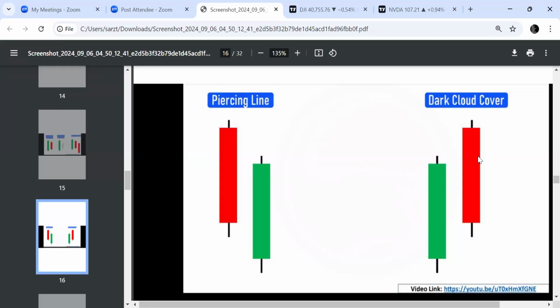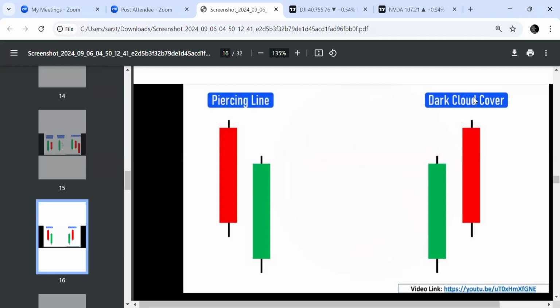Again, the piercing line pattern: when the price is falling, forming a red candle is not a big deal. But at that time, if a green candle forms, it indicates bullishness.